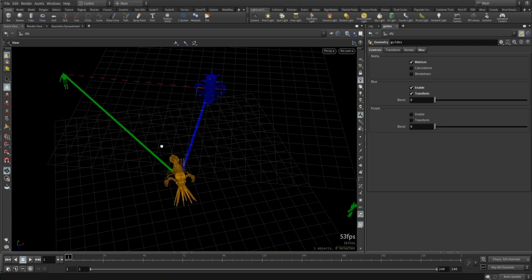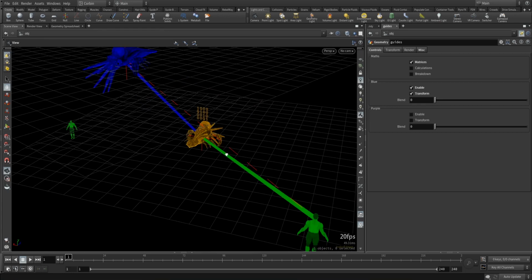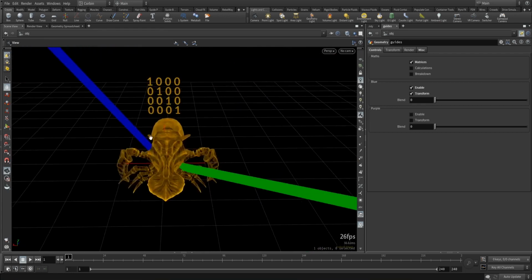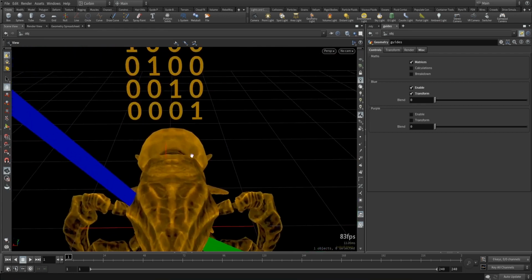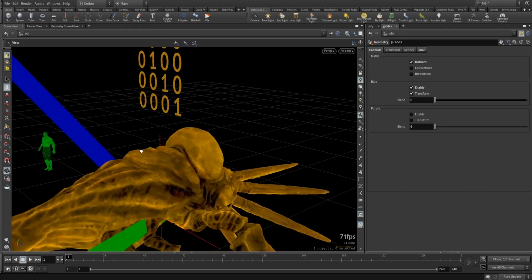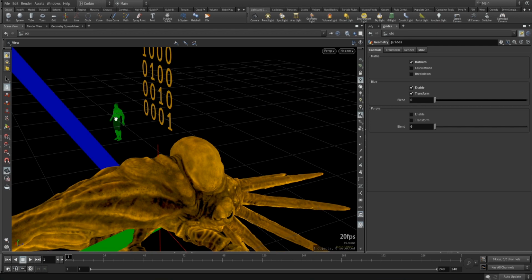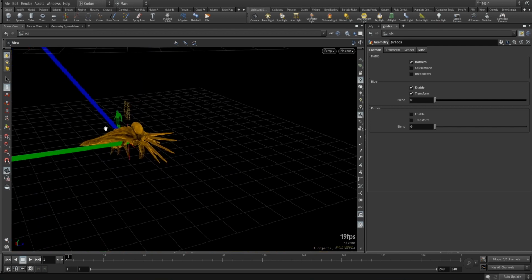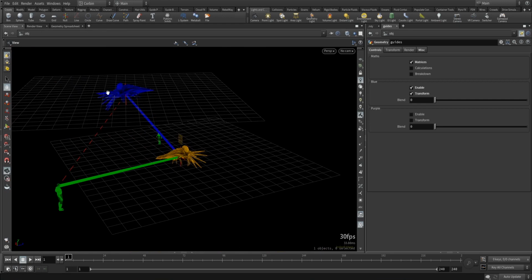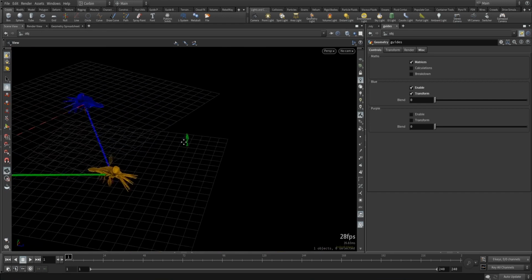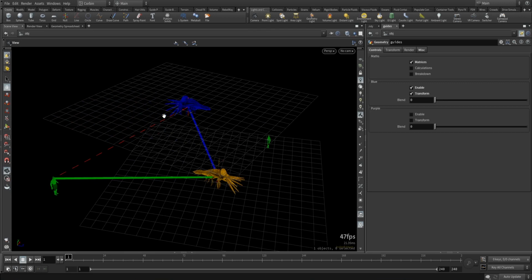Well, if we now go to the orange guy who is at the center of the world, okay, so he is in world space, and we now look a little bit to the left and down, well, we see Neo in exactly the same position as he was relative to the blue guy. So ultimately what we've done by calculating the difference matrix here, in other words the red line, is subtract these two.